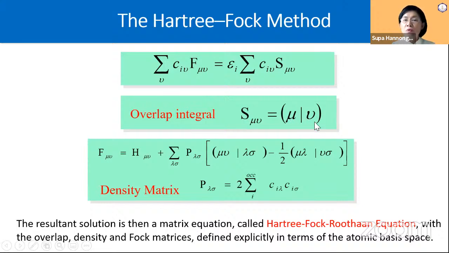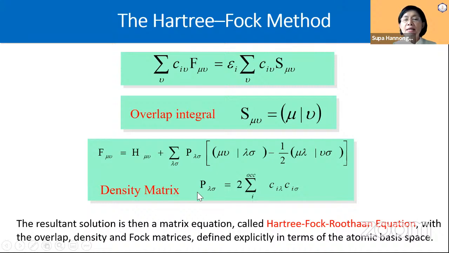You also have the density matrix, which is represented by the big P. The big P comes from the Fock matrix and Hamiltonian matrix, and some terms representing the two electron integral. And the P over here is the matrix that consists of the coefficient matrices.